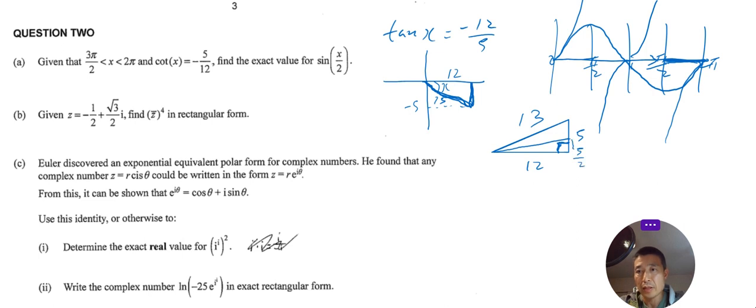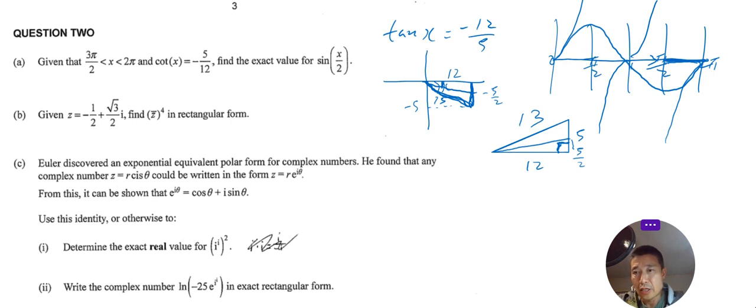So we are finding this minus 5 over 2. So the angle there is x over 2. Now, for sine x over 2, this is negative 5 over 2, but to find the hypotenuse we just use the positive number.